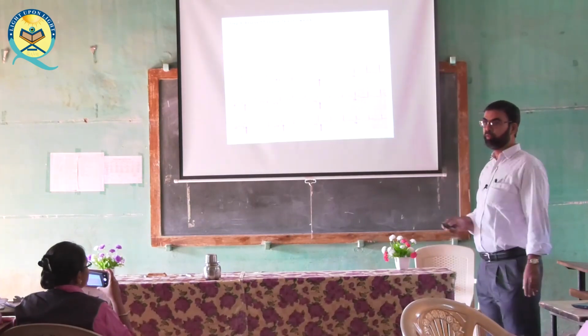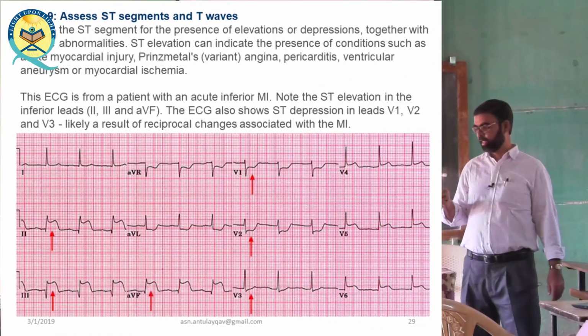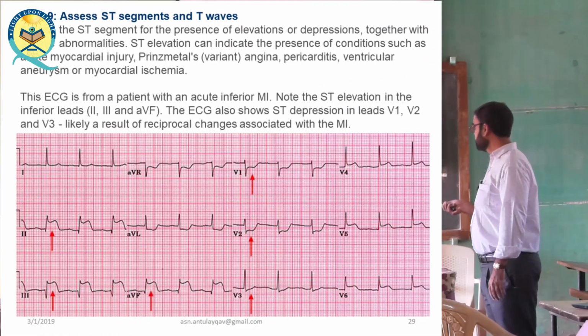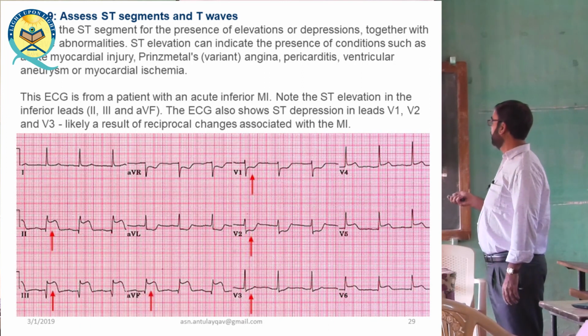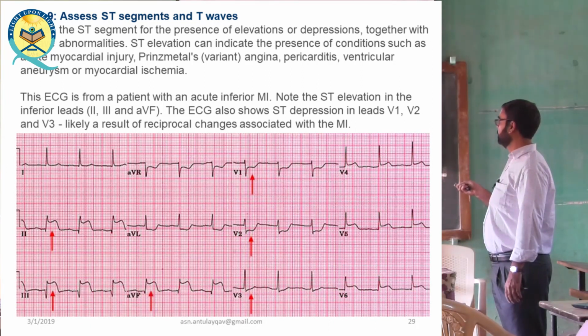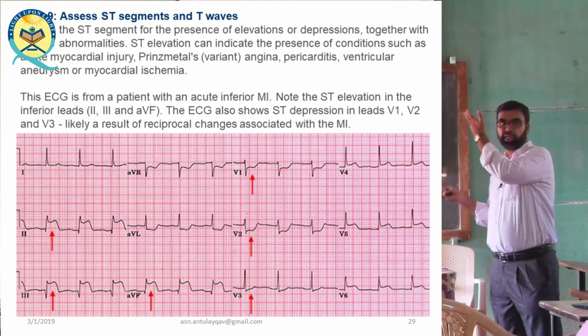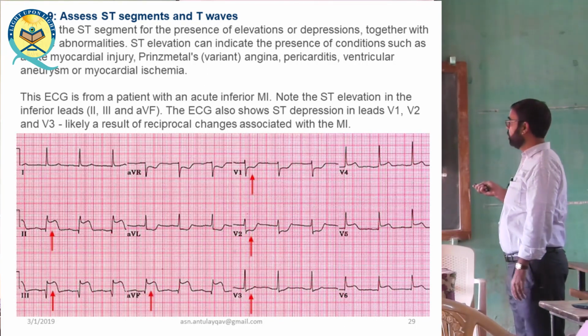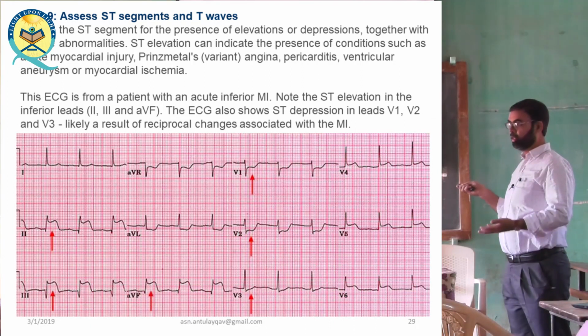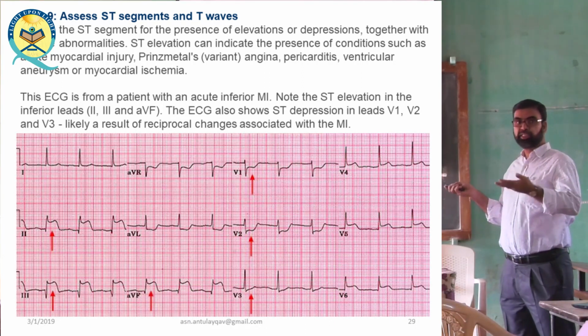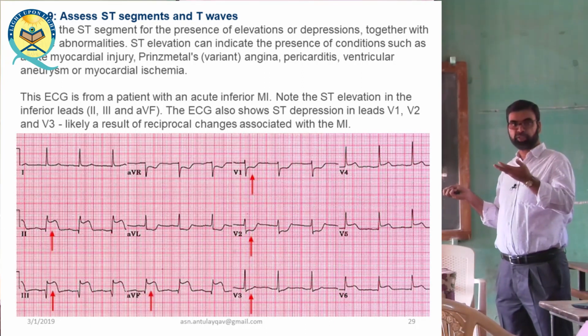ST segment and T wave. Normally the ST segment is isoelectric. See what happened in this. This ST segment is elevated, it went upward. So this is a picture of acute myocardial infarction, ST elevation myocardial infarction.